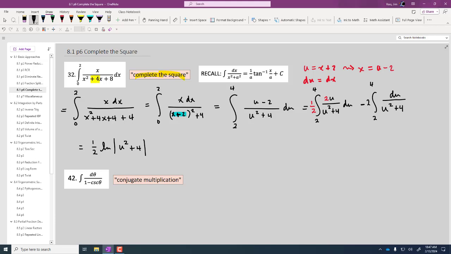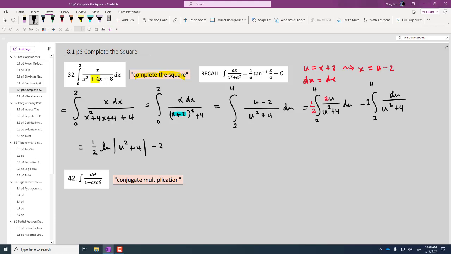All right, and we have a definite integral. We're going to have limits 2 to 4, but they're the same on both integrals, so we can just do one evaluation step. So everybody okay on that first integral? Log form, derivative of denominator is numerator, so it's natural log of the absolute value of the denominator. And then minus 2. I've had a lot of these a's that equal 2 today. So u squared plus 2 squared, so a is 2.